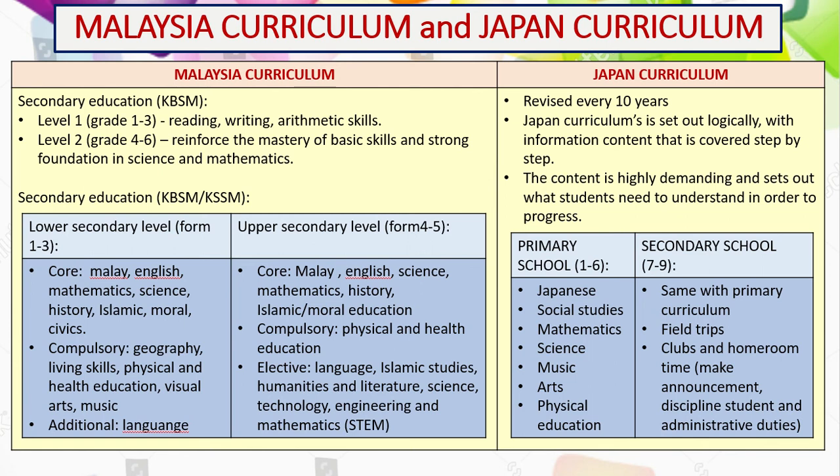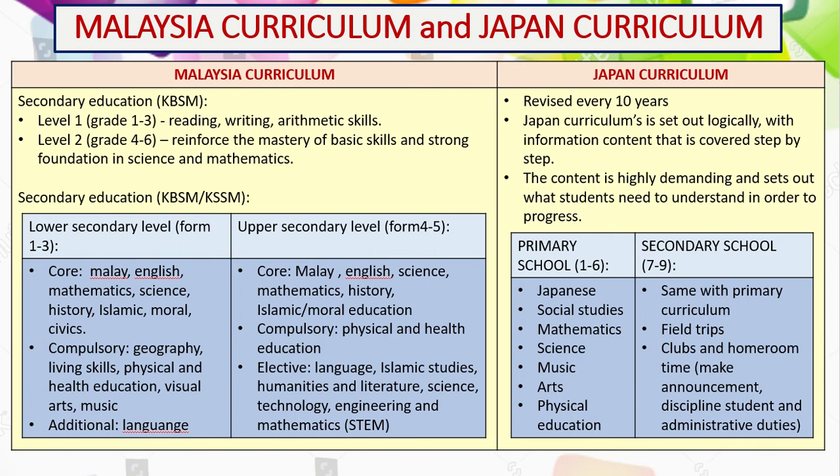In secondary education, there are two levels, which are lower secondary and upper secondary. The lower secondary level is KSSM, from grade 1 until 3.